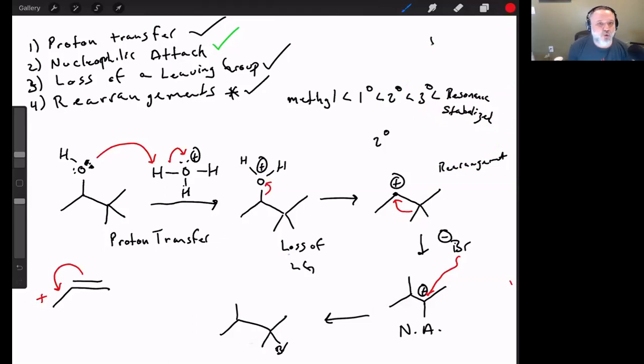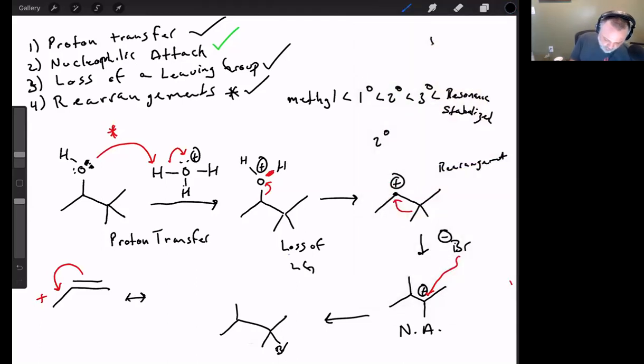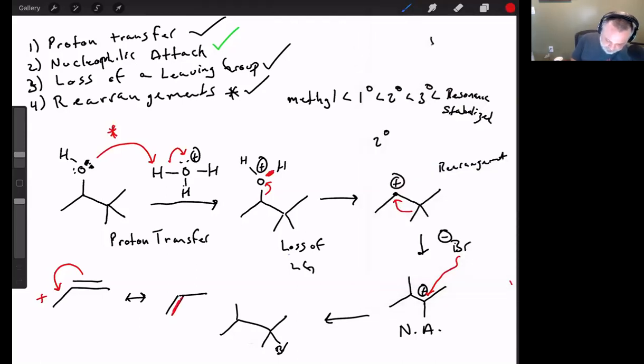We always point arrows to atoms or to other bonds. If we point them to atoms, as in this case, we're showing that a new bond is formed. If we point them to bonds, what we mean is that a single bond goes to a double bond.